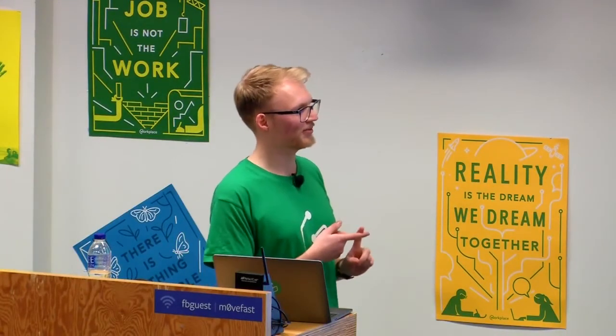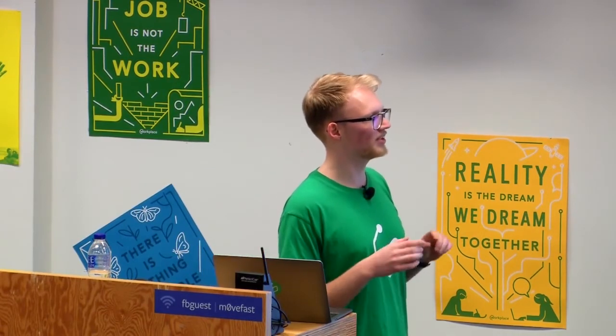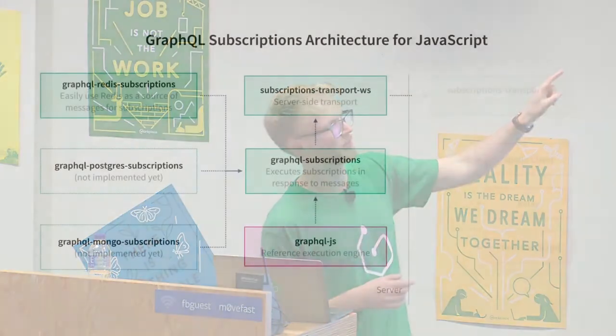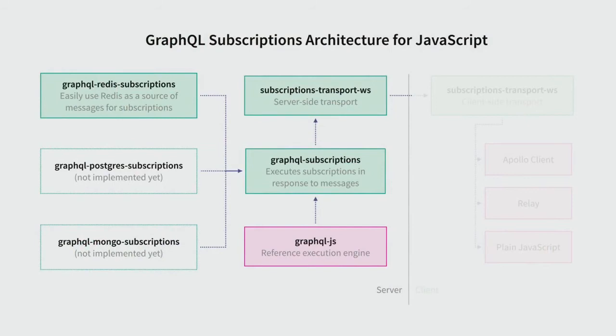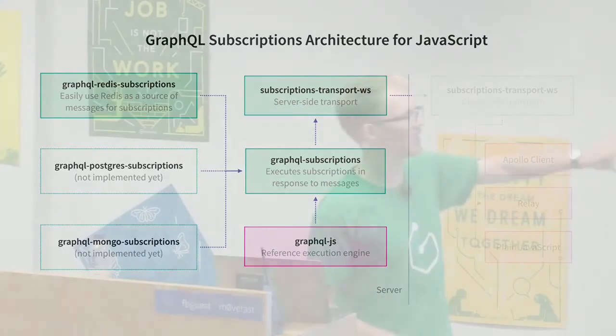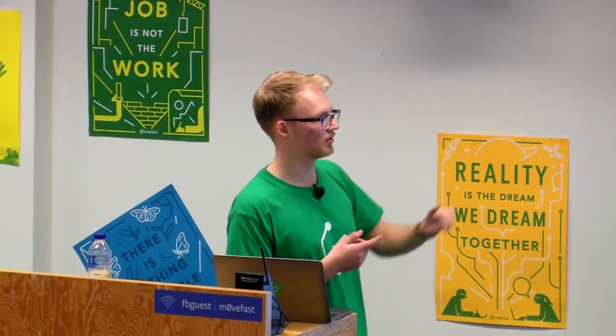But what Apollo suggests, which is also pretty easy at the beginning, is that you use the subscriptions transport WebSocket component in your server application, and they already provide the GraphQL subscriptions module, which you can use with one of these subscription engines. So I think this makes a bit more sense after the next couple of slides.